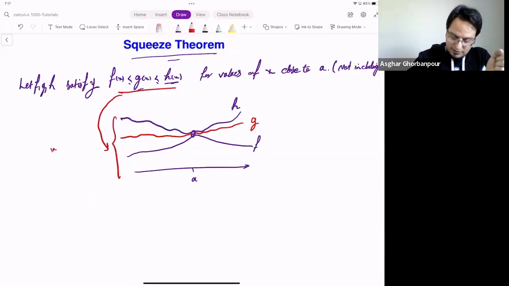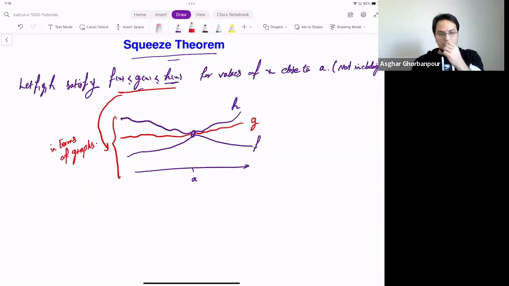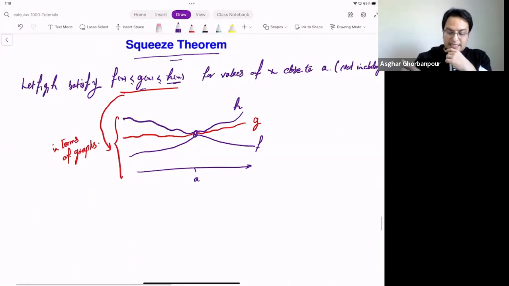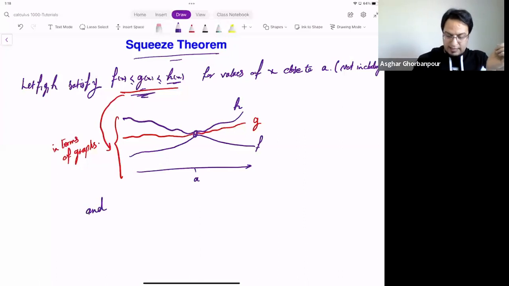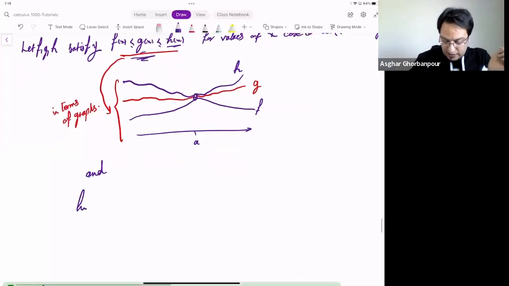So in terms of graphs, this is if this happens. And another thing, the limit of the lower function and the limit of the upper function exist, and they are the same.